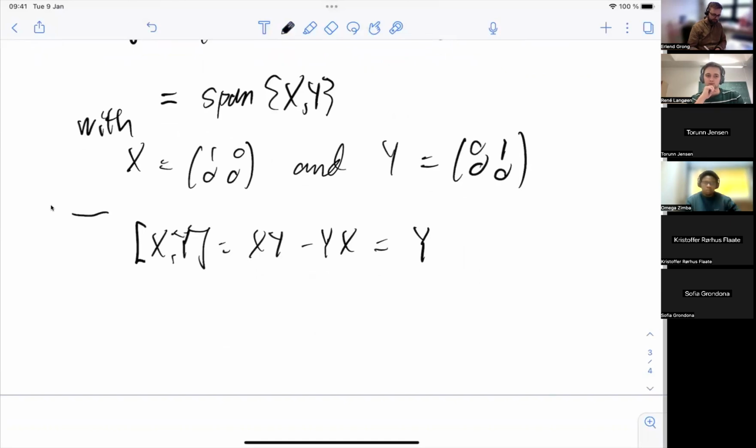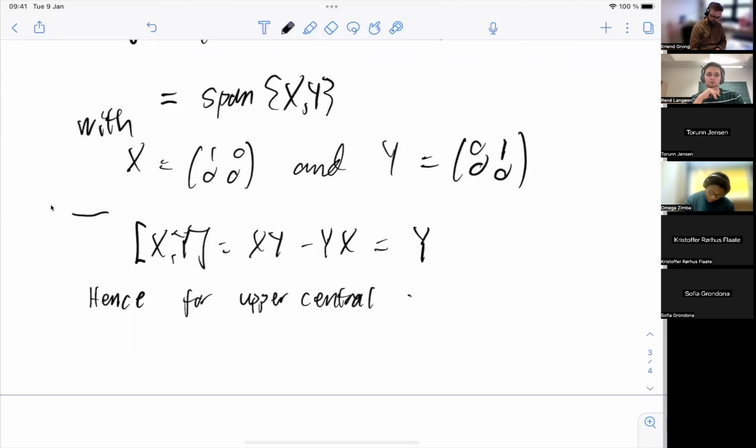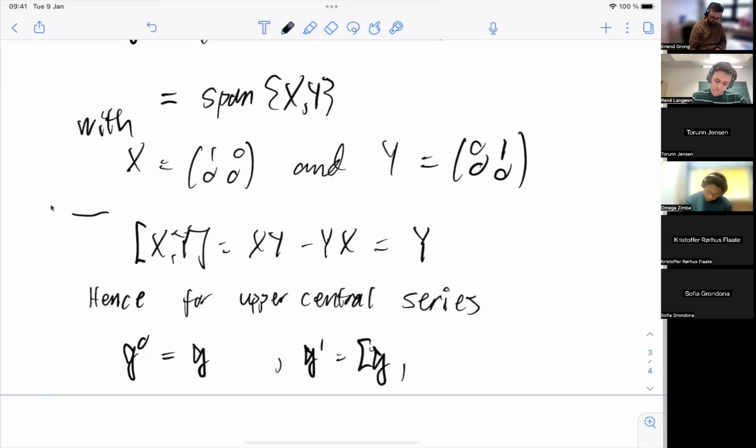And that means that hence for the upper central series, G0 is then G. G1 is the bracket of G and G, which is then the output here, which is the span of Y. That's everything we can get in the output.